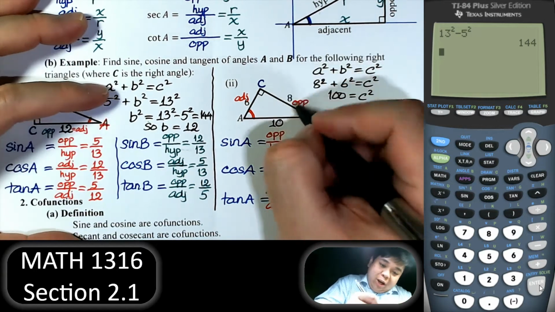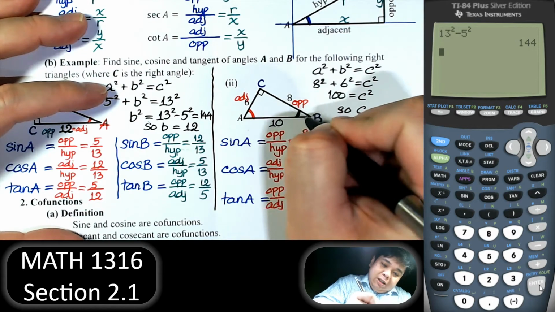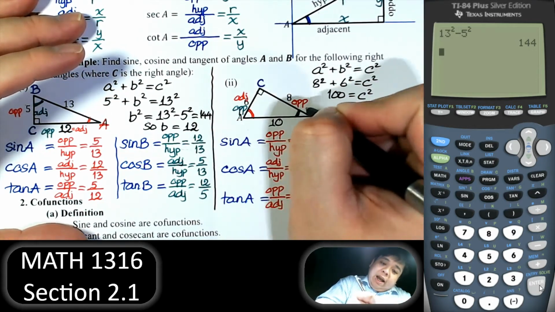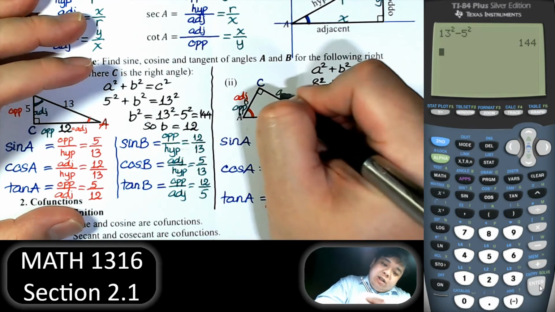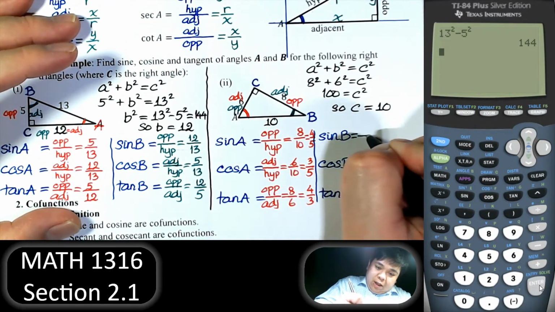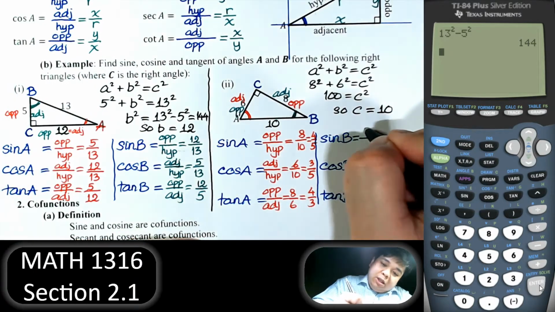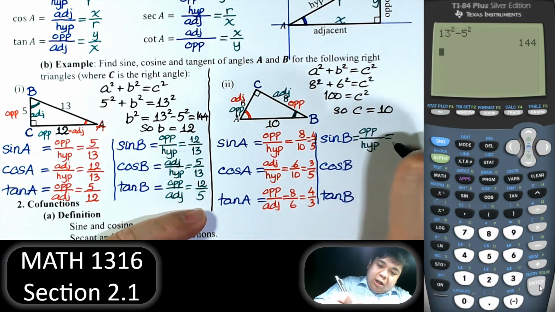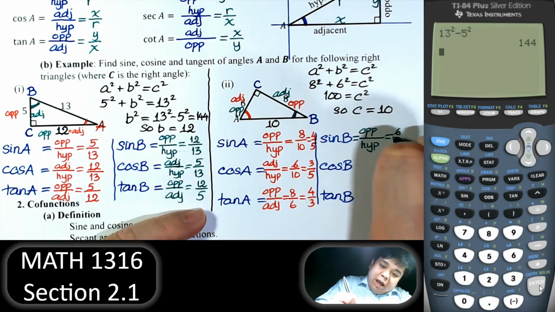Now with respect to angle B, 6 is opposite and 8 is adjacent. So sine is opposite over hypotenuse. Opposite is 6, hypotenuse is 10, so that is 3/5.